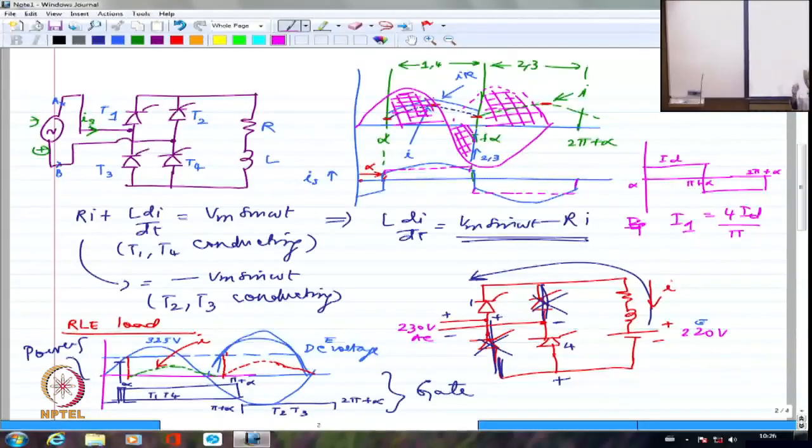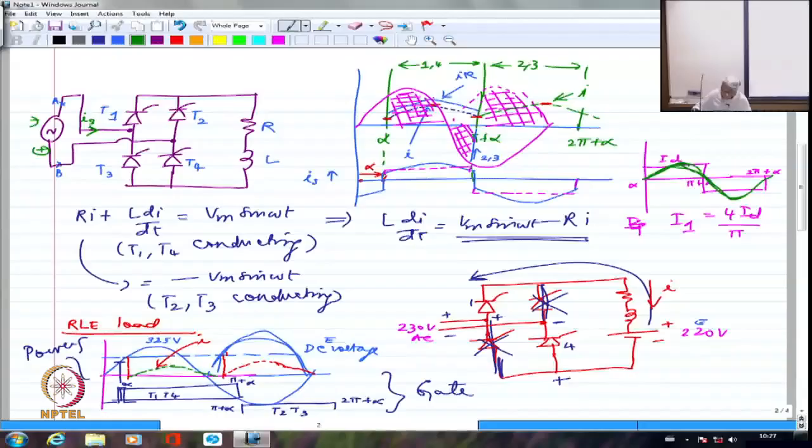So if I try to look at the fundamental, it is a sinusoid in its own right, and it is going to have the peak value as 4ID by pi. And if I try to draw that fundamental corresponding to this, it may look actually something like this. It should actually have a slightly higher value maybe, and then the way I am drawing. So this is how it is.